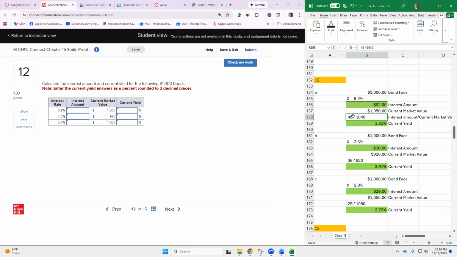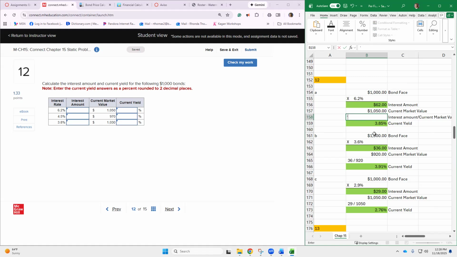So then you just take the interest amount and divide by the current market value, the $1,050. So this becomes $62 divided by 1,050.